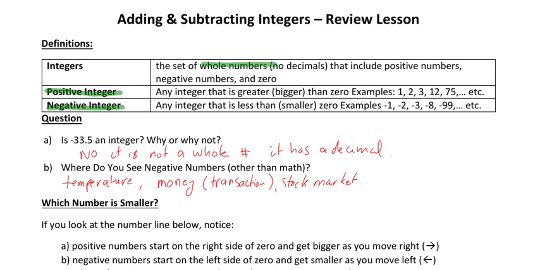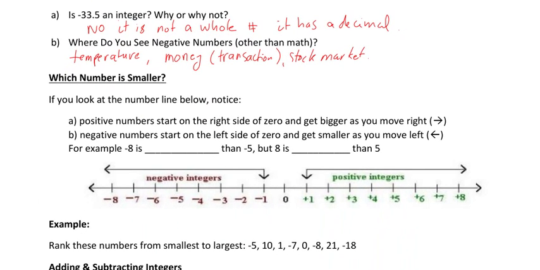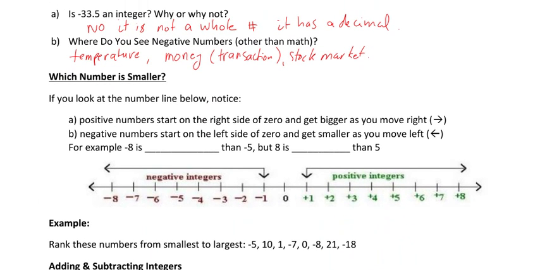So when you're looking at the number line, you're going to have to get used to the number line because later on we're going to do the X and Y axis, which are basically the vertical and the horizontal line, okay? With the number line, you have the 0 in the middle. Positive numbers go to the right of the 0.